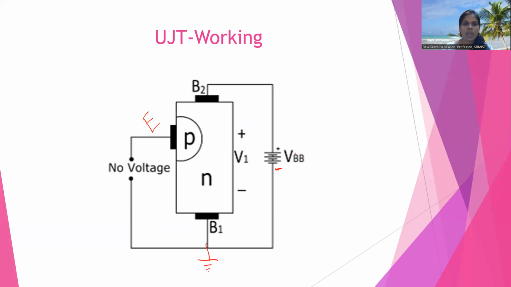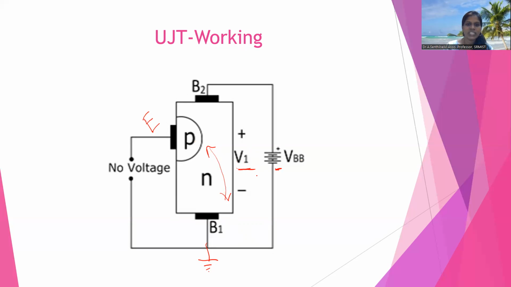Because of that base voltage, there is a high voltage drop between the P region and base B1. That voltage drop is called V1. So when there is no voltage applied at the emitter and only the base voltage is applied, there is a high voltage drop in this region, called V1.